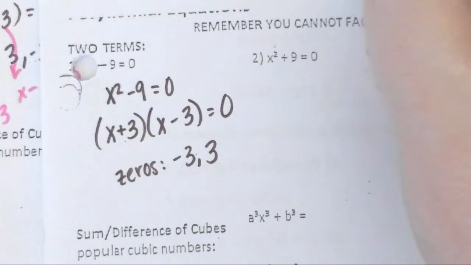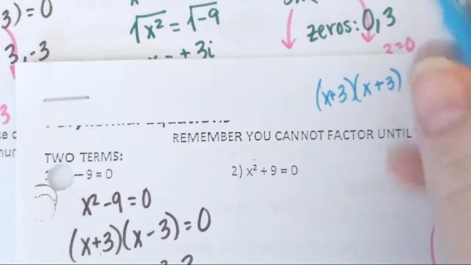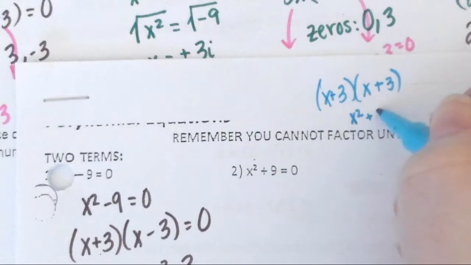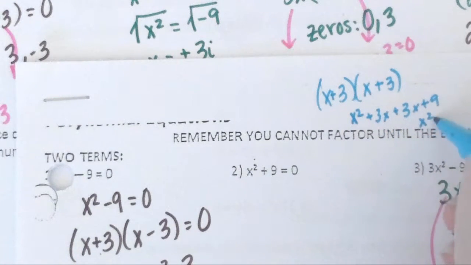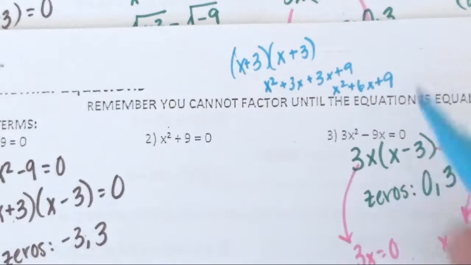If you did that, where'd the middle go? Where'd that 6x go?